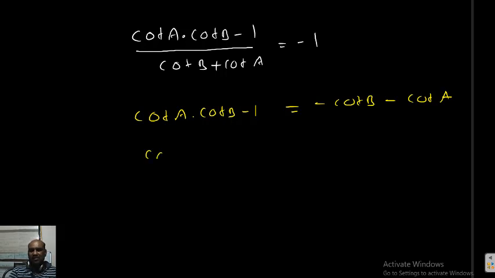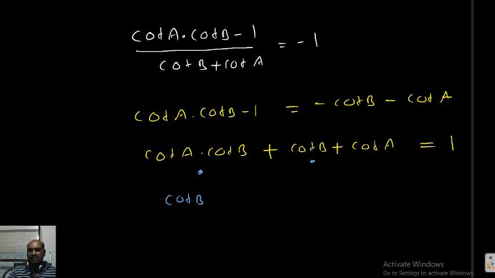Okay, students, do one thing. Cot A into cot B plus cot B plus cot A obviously equals 1. From the first term and second term, I want to take cot B common. After that, what will we get? Cot B into (cot A plus 1) plus cot A equals 1. If I have plus 1 here, then I can take (cot A plus 1) common again. That's why I added 1 on either side.